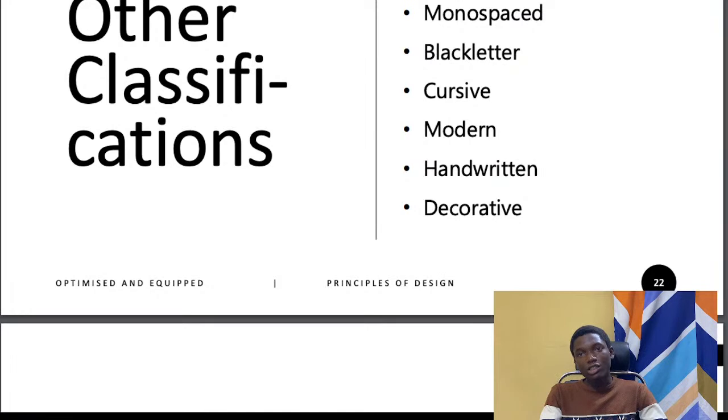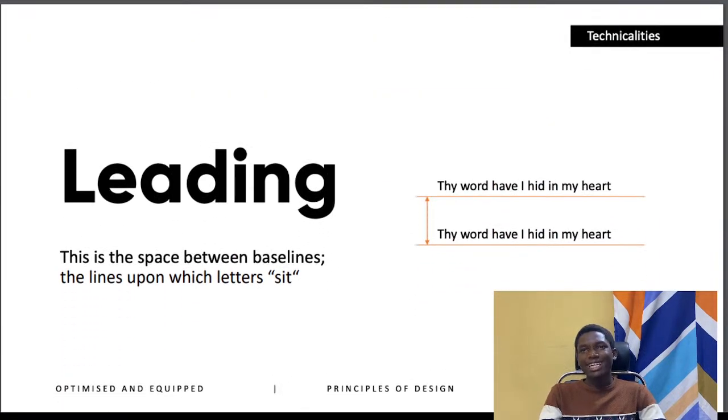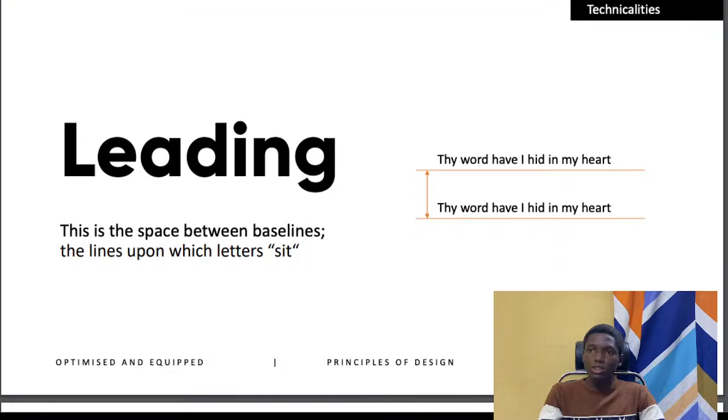And then we are going to be leading to the technicalities of a typeface, just to learn and to get the terminologies in them. If you are talking about leading, it means the space from the first line to the next line. This is different from kerning.